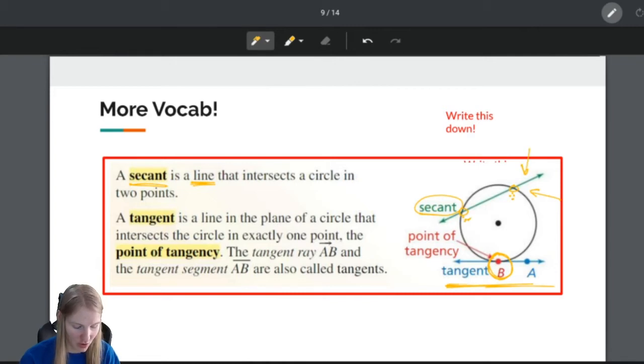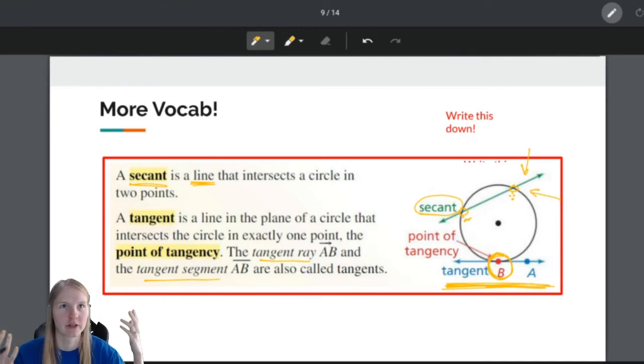A tangent line only intersects at 1 point. Indeed. So we can talk about tangent rays, we can talk about tangent segments. They're all tangents. Okay, wonderful.